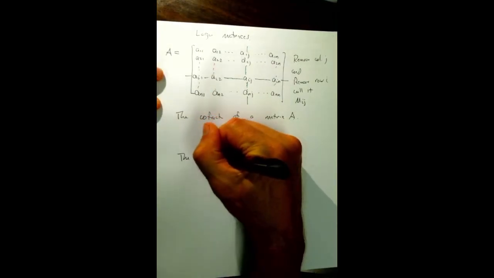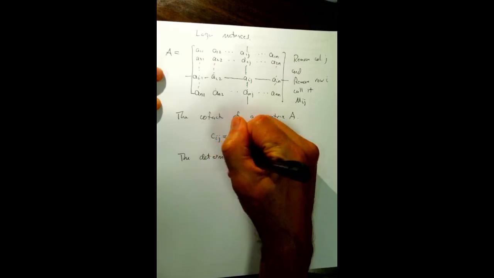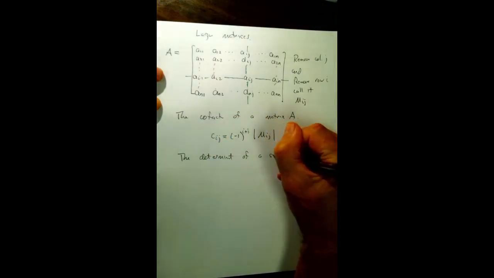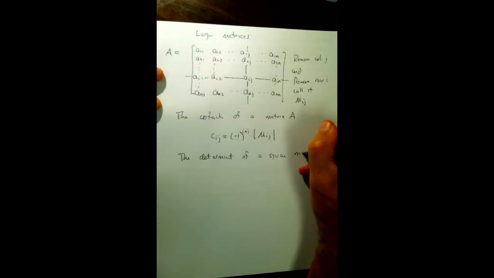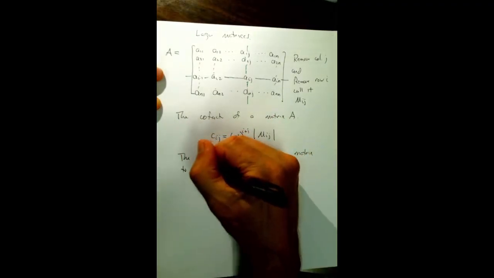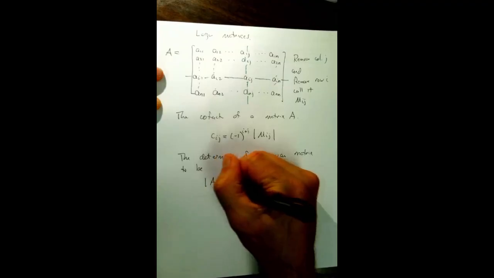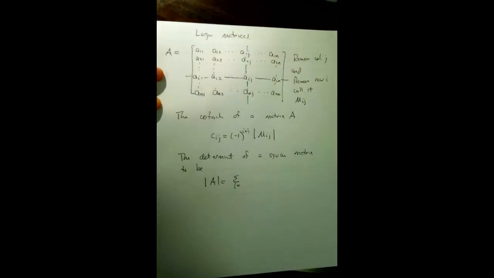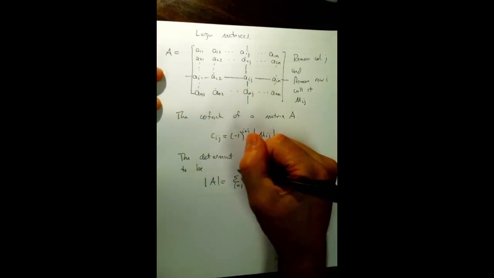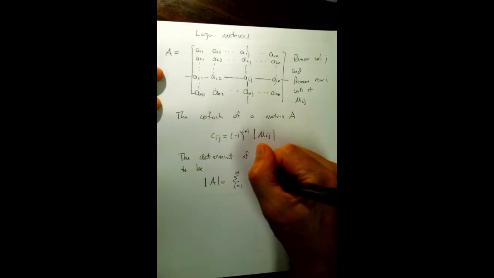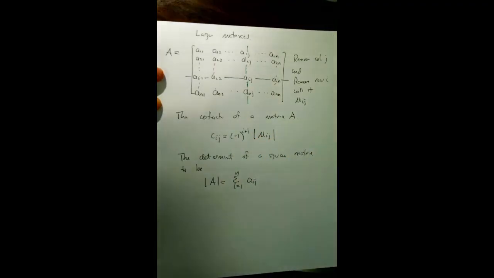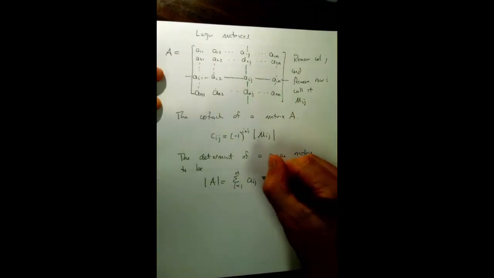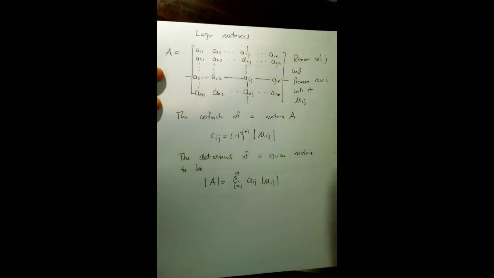And we're going to define the determinant of a square matrix to be the sum across any row of the entry in that row and column times the associated cofactor after I remove that row and column.